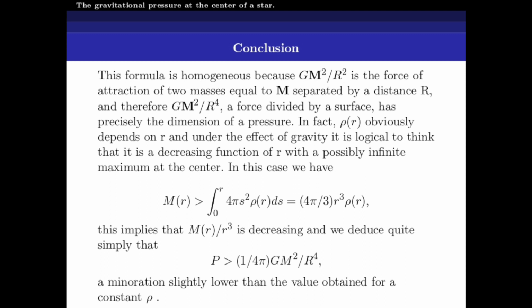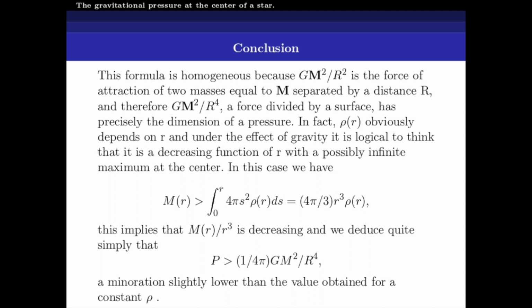In fact, ρ(r) obviously depends on r, and under the effect of gravity, it is logical to think that it is a decreasing function of r with a possible infinite maximum at the center. In this case, we have m(r) greater than or equal to the integral from 0 to r of 4πs²ρ(r) ds = 4π/3 r³ρ(r).